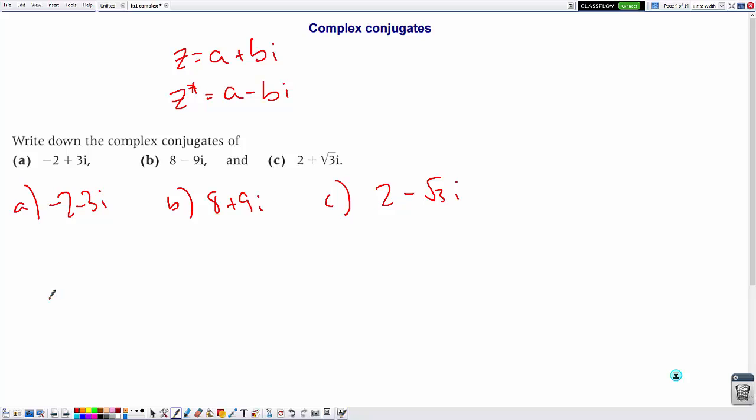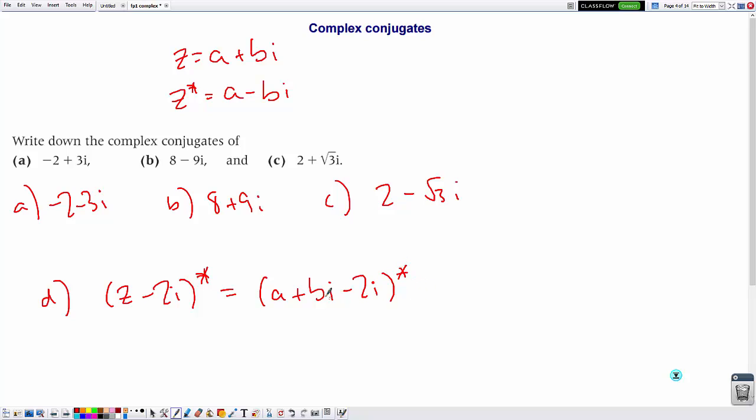Let's look at something a little bit trickier. Let's look at D. Let's imagine they wanted you to work out the conjugate of z minus 2i. Now when doing something like this, remember z is just any complex number, so I'll represent z with a plus bi. So I'm actually working out the conjugate of this.